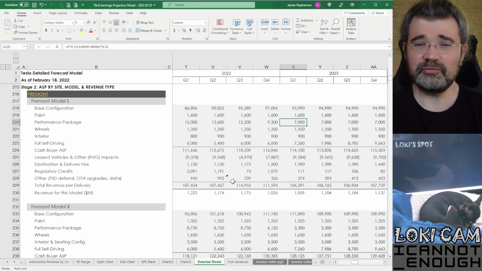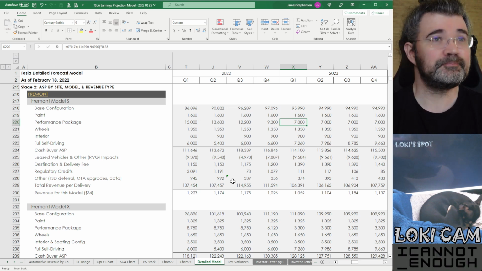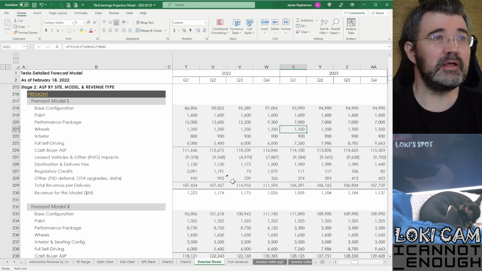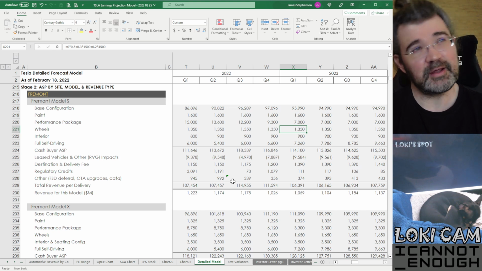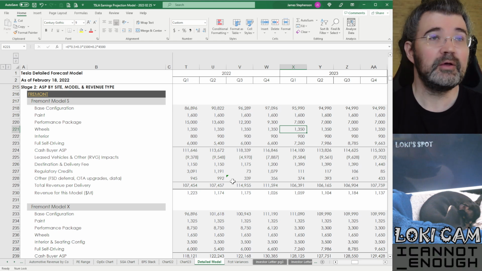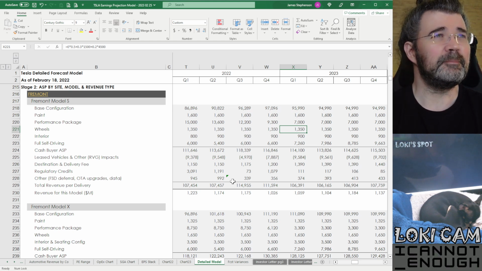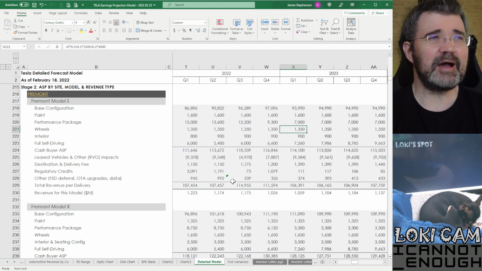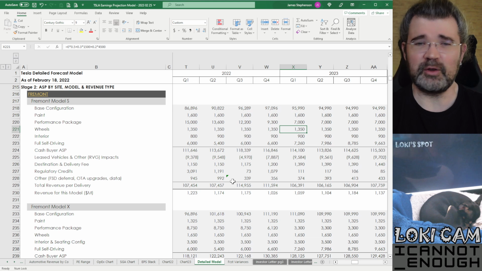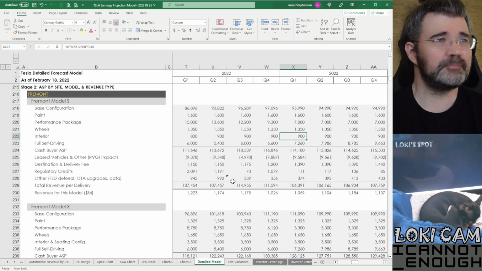It's the take rate times the price of the option. Then we've got wheels. $1,350 is what I'm assuming for wheel upgrades. You can buy a $1,500 set of wheels as an upgrade or a $4,500 wheels upgrade. I'm assuming half the people take the basic wheels and the other half buy one or the other wheel upgrade.